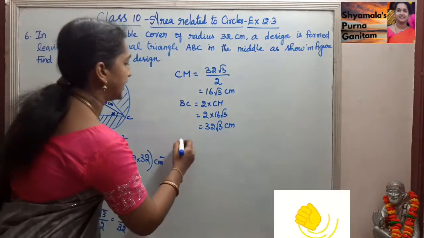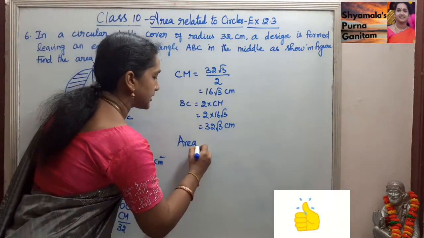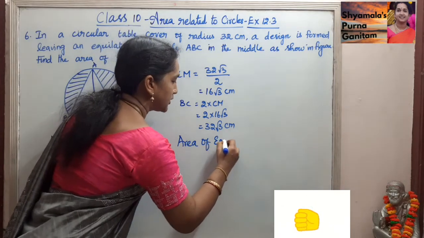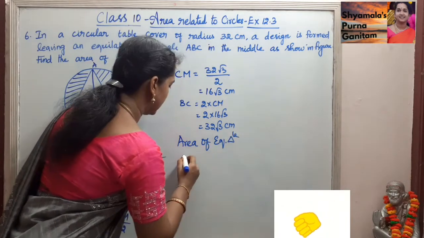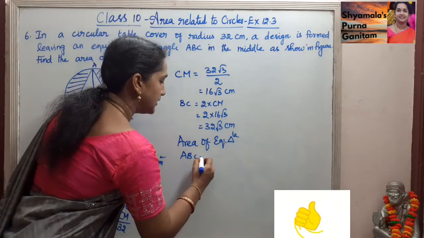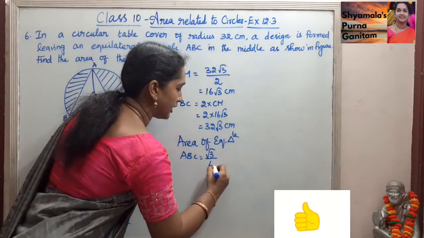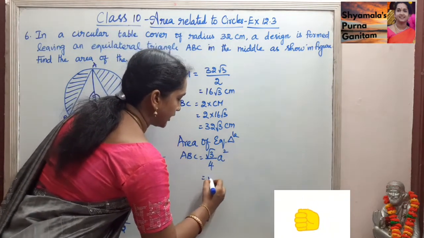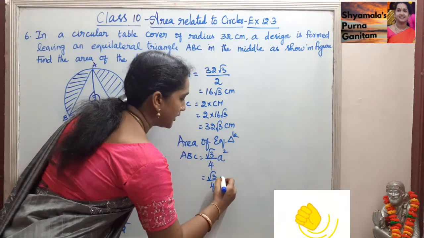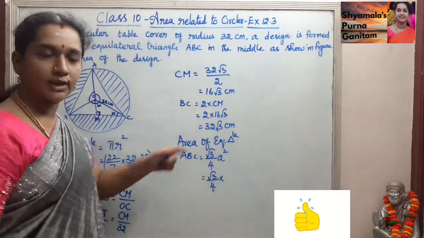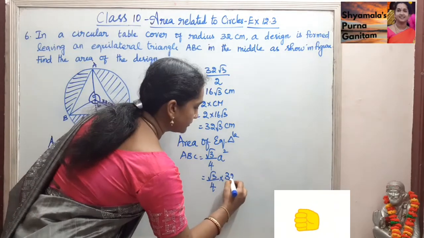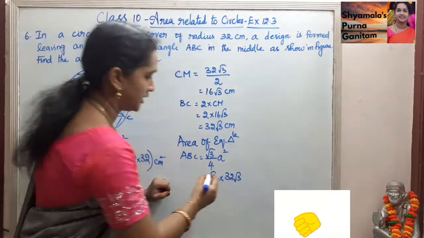Now we'll find the area of this equilateral triangle. Area of equilateral triangle ABC is equal to root 3 by 4 a square, so root 3 by 4 into the length we got, 32 root 3, squared.